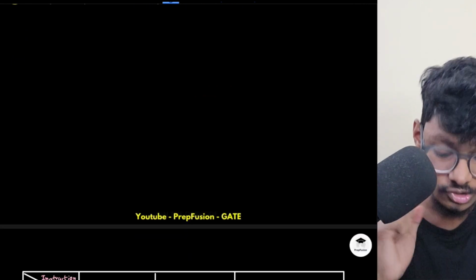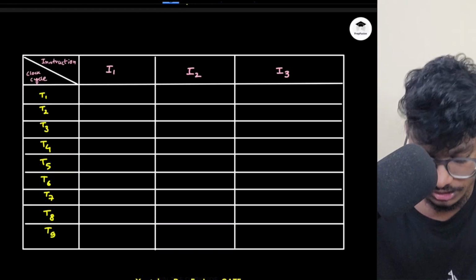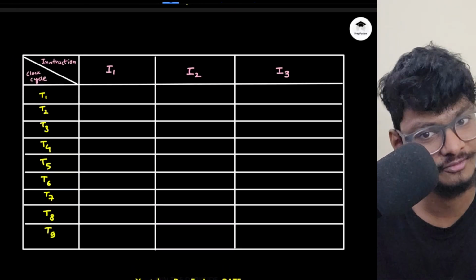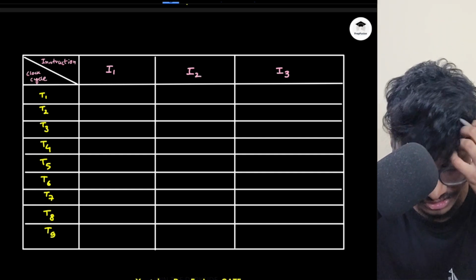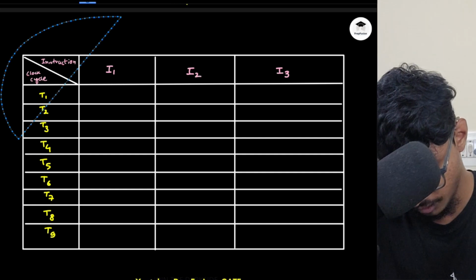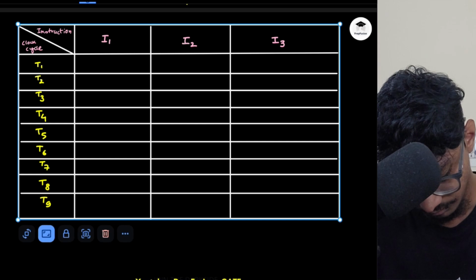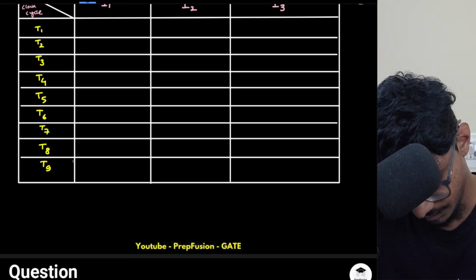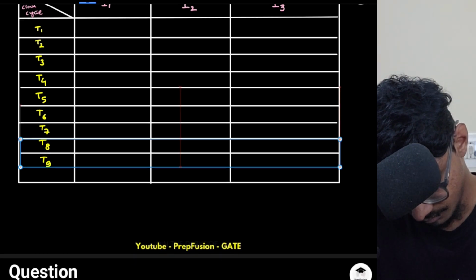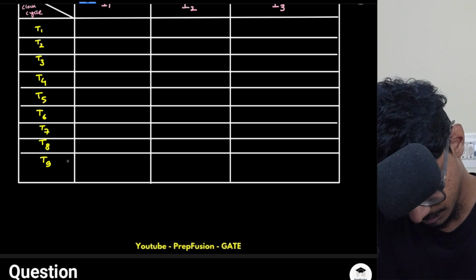Okay, so here operand forwarding is not there, so we don't have any shortcuts. We have only this method only. We cannot use any shortcuts. So actually I have to bring more space into this. So what we can do, right, so you can take a bit top.